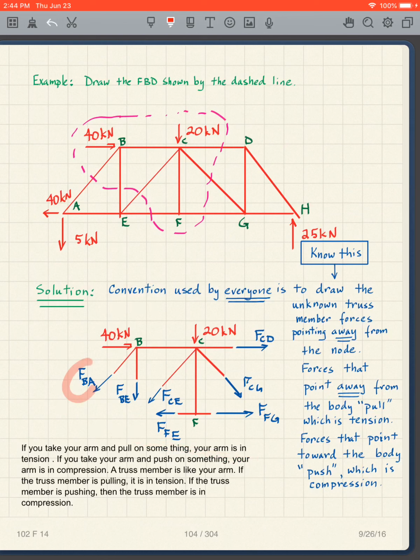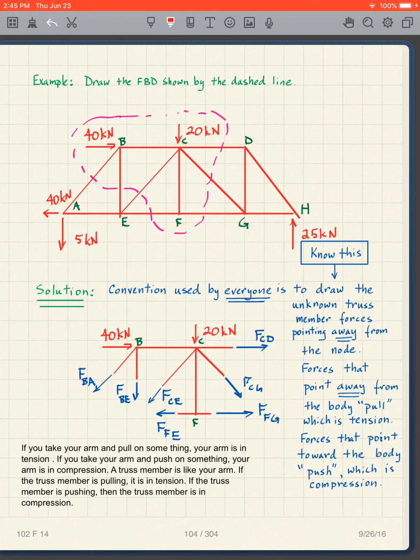And I can label each unknown force like this. And traditionally, in these statics classes, we have these labeled in letters, and then we have the force, from B to A. So I've got B to A, member AB, member BA.